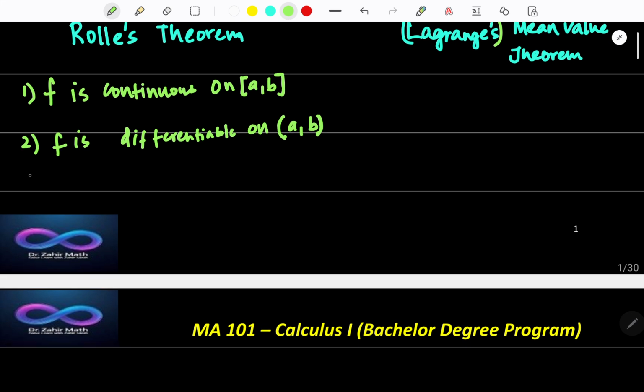If these 2 things are okay, then the third condition is f of a is equal to f of b. This third condition must be satisfied. What is a and b, teacher? It is given in the question. It's an interval.